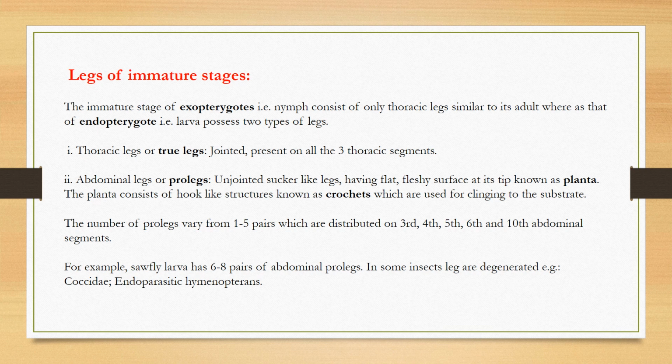Planta consists of hook-like structures known as crochets, which are used for clinging to substrate, mainly in lepidopteran insects, moths, butterflies and all. The number of prolegs varies from 1 to 5 pairs, distributed on the 3rd, 4th, 5th, 6th and the 10th abdominal segments. An example is sawfly larvae, a hymenopteran insect, which has 6 to 8 pairs of abdominal prolegs.